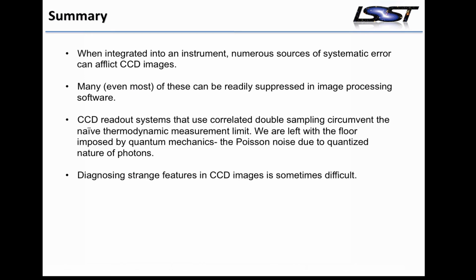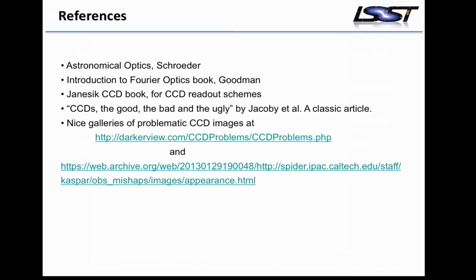CCD readout systems that use correlated double sampling circumvent the naive thermodynamic limit, and then we're left with just the counting statistics imposed by quantum mechanics, so that these systems operate limited ideally only by Poisson noise from the sky. And finally, diagnosing strange features in CCD images is sometimes difficult and frequently requires physical access to the system and thinking your way through the light path, doing a few diagnostic tests, and unraveling what's going on.